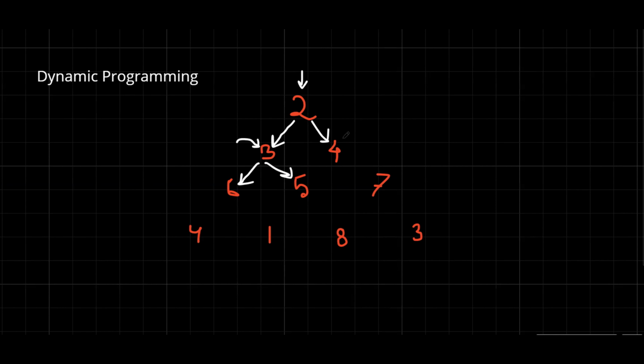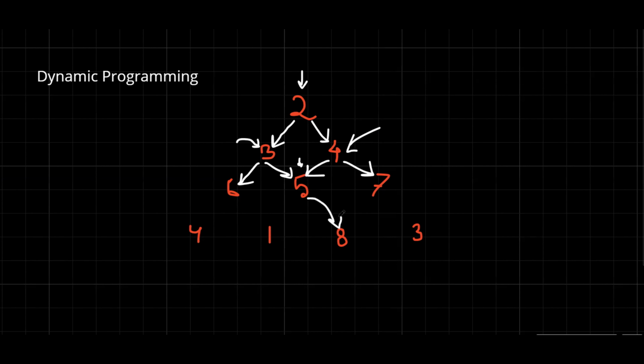Now, suppose currently we are at this cell 4. From this 4, we have two choices: either I can go to 7 or I can go to 5. Suppose we are currently at the position 5. Now our problem is: what is the minimum cost to reach the last row from this 5?